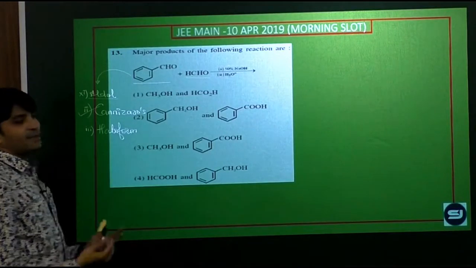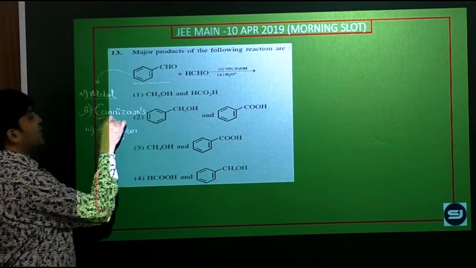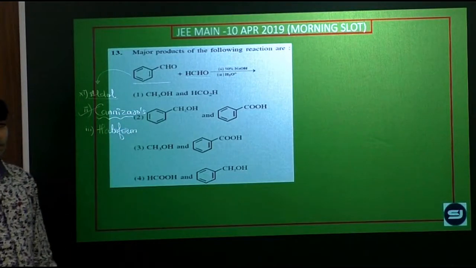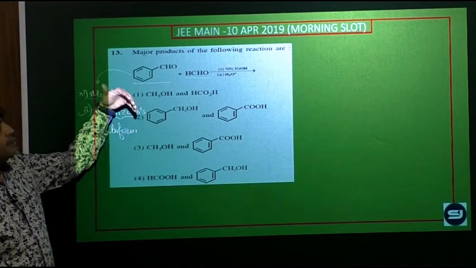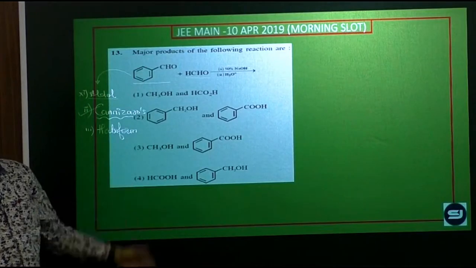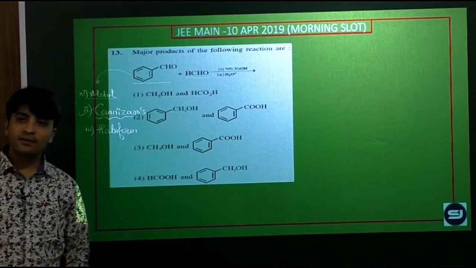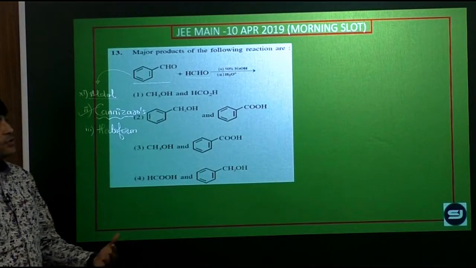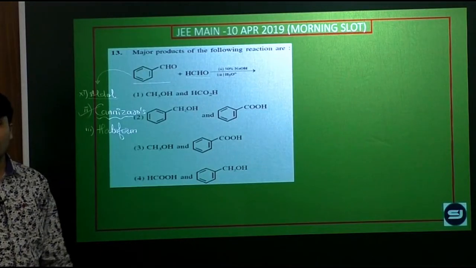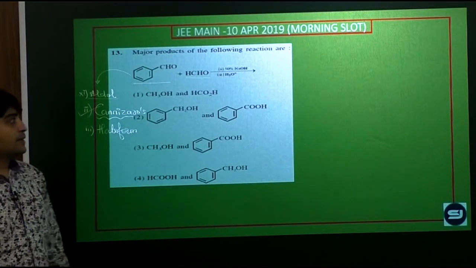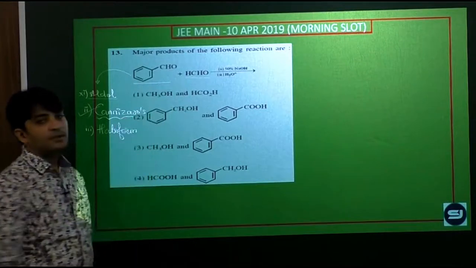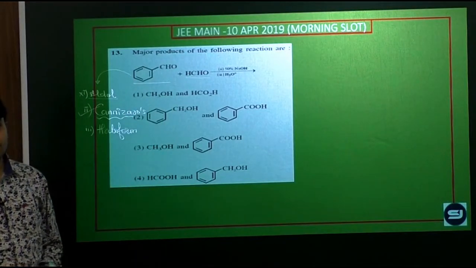Now, what is Cannizzaro reaction? It's a self-redox reaction, and in the self-redox reaction, the aldehyde oxidizes as well as reduces. If it oxidizes, it gives you the acid, and if it reduces, it forms a primary alcohol. But if the aldehydes are different, it's a cross-Cannizzaro reaction.